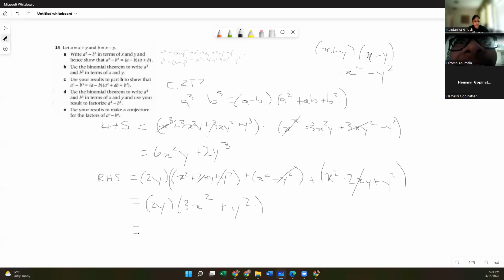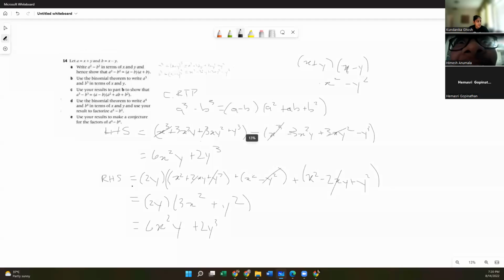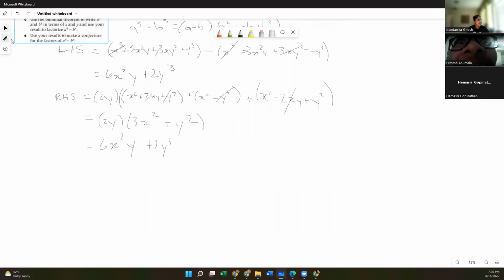Okay. And now we just expand this. So you get 6x squared y plus 2y cubed. Again, writing left-hand side and right-hand side makes it easier for us because now all we have to do is state that left-hand side equals right-hand side, as you were required to prove.